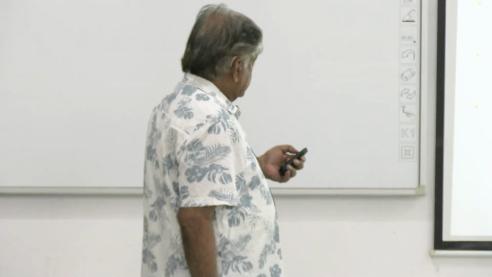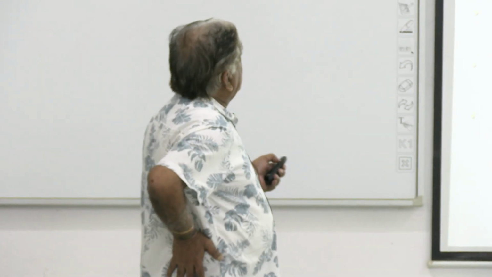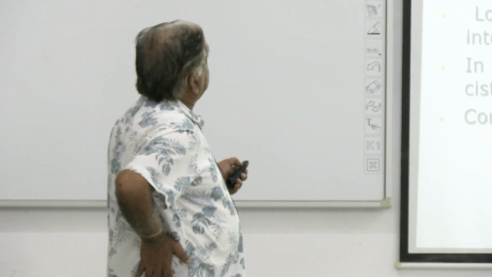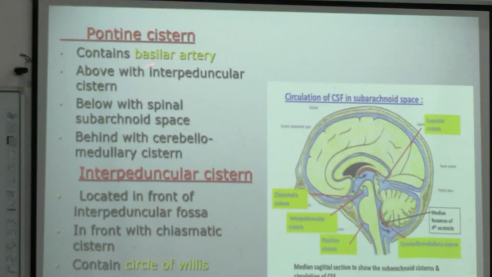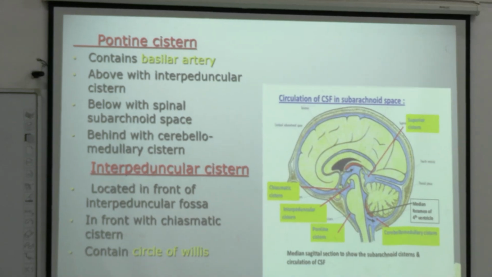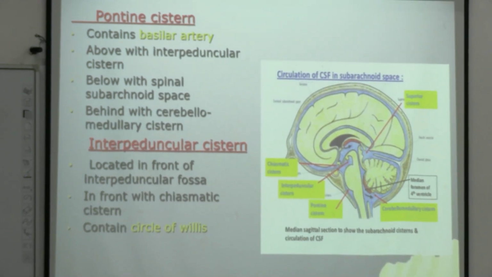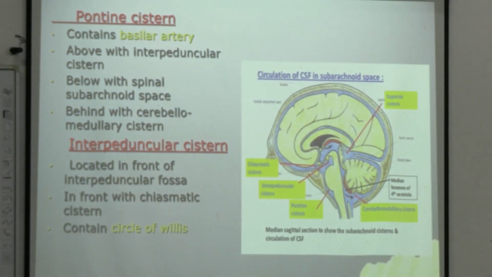Next. The pontine cistern contains the basilar artery, above it communicates with the interpeduncular cistern, and below with the spinal subarachnoid space. So, if there is an injury at this level, then on MRI or CT of the brain, especially MRI, you will see the hemorrhage.